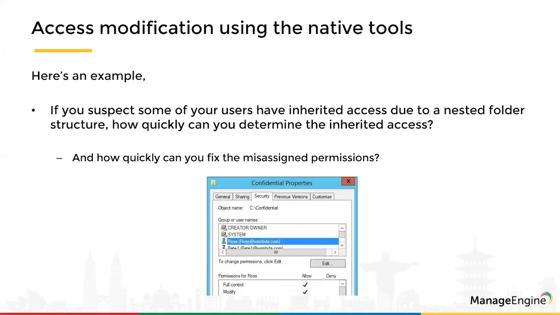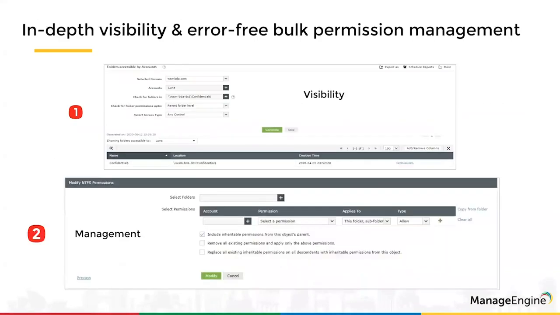The native tooling, like Vivian showed, is confusing and has been around for a long time, but it's extremely difficult on the eye because you cannot get one report off the shelf. You need to run PowerShell scripts. To cut all of these problems, we wanted to give you in-depth visibility and error-free bulk permission management. This is for your files and folders.